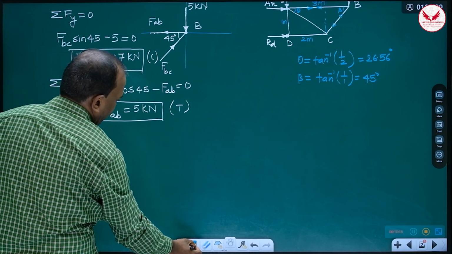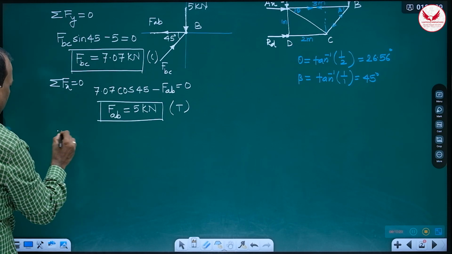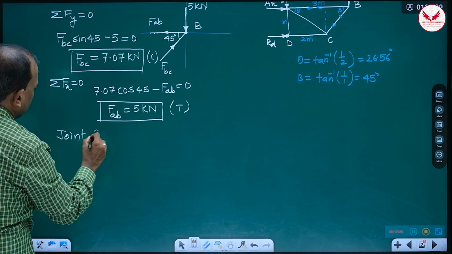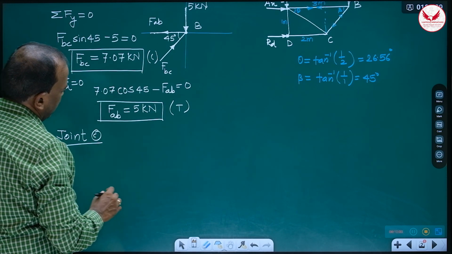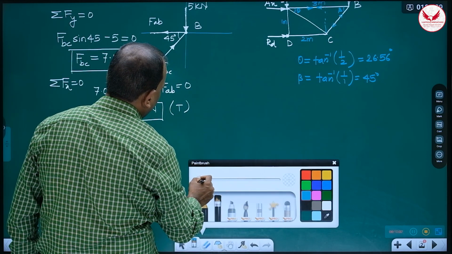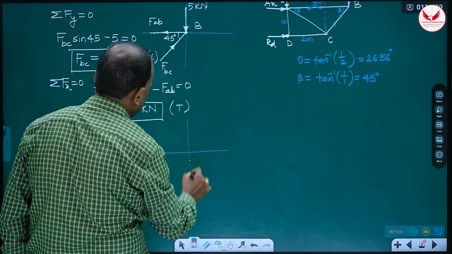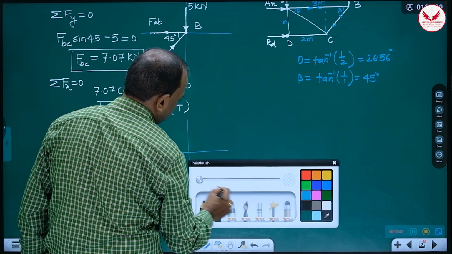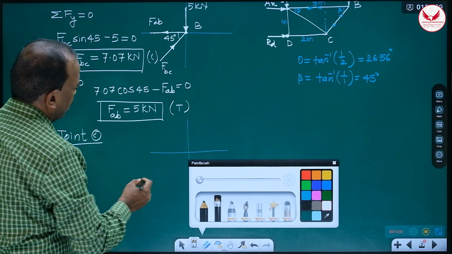So what will be the next step? Here we must write joint C, and I have told you the first step is its free body diagram. While drawing the free body diagram, draw the plus sign first, and then try to draw that joint's free body diagram.